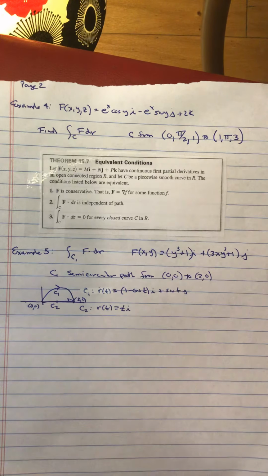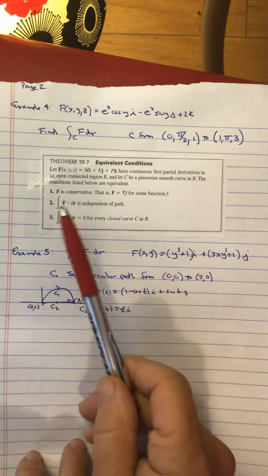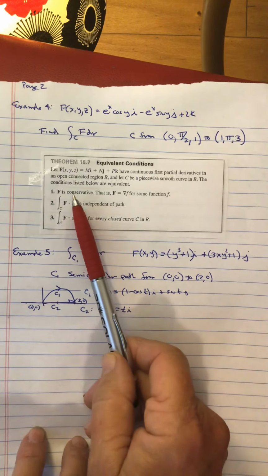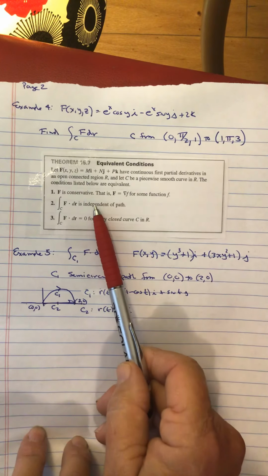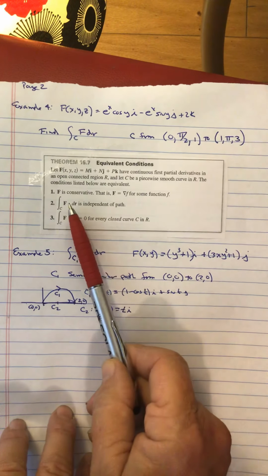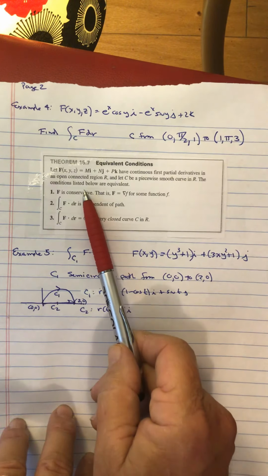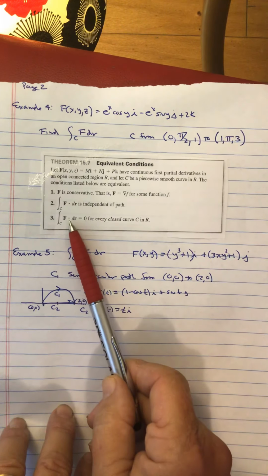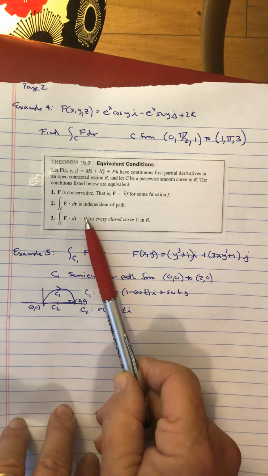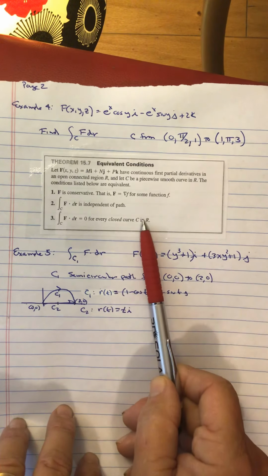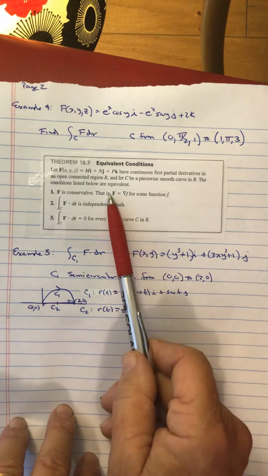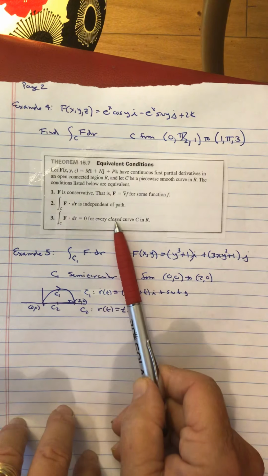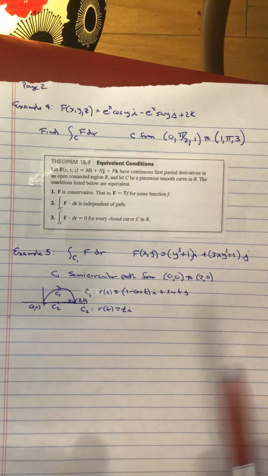If we're looking for work and the function is conservative, it's independent of path. If work is independent of path, that means the function is conservative. And the third thing is that work equals 0 on every closed curve if the function is conservative.